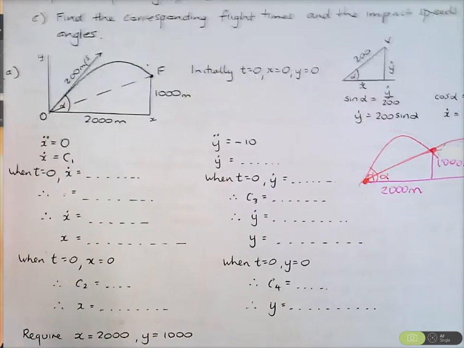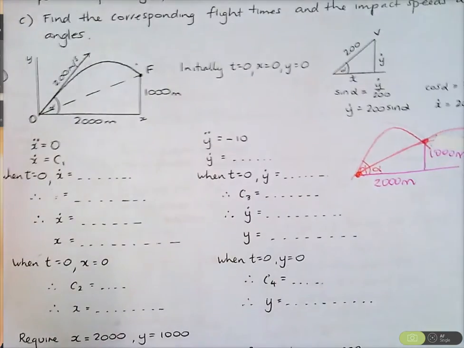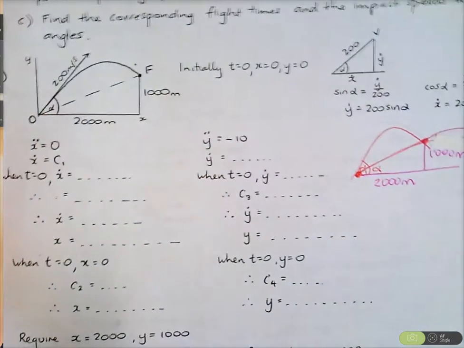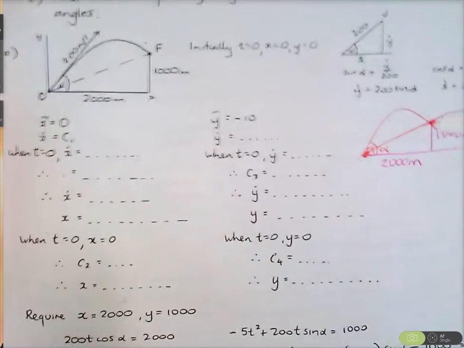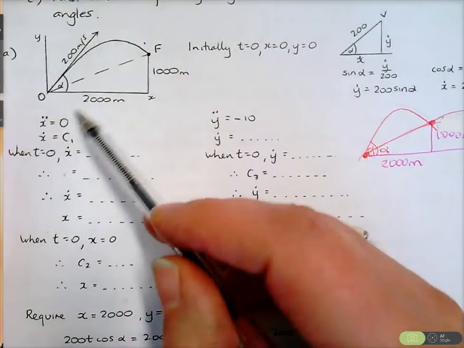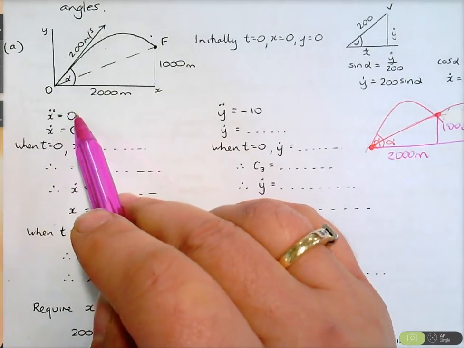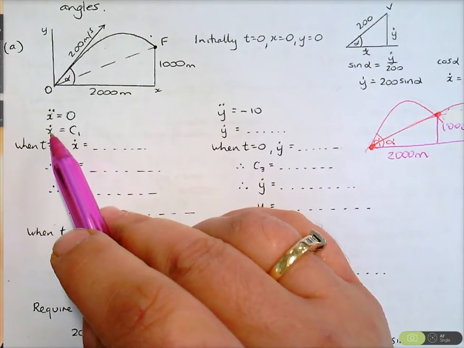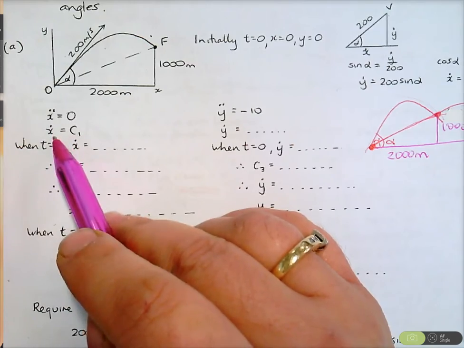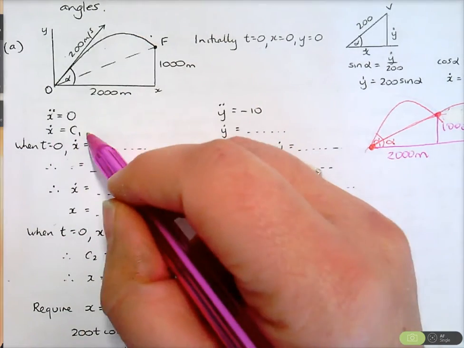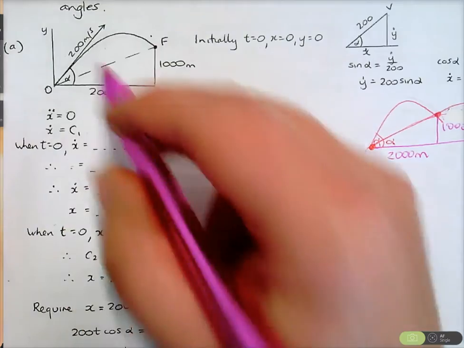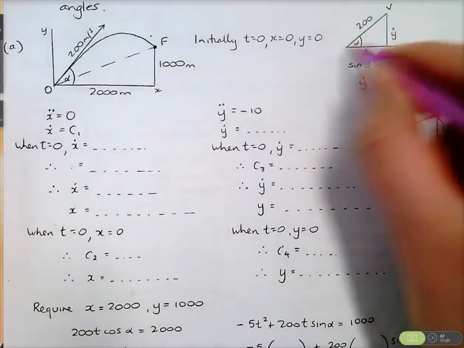So, let's just look at our equations of motion. Remember, we don't know the original angle. So, we've got horizontal acceleration is 0. Remember, horizontal velocity is the integral of 0, which is a constant. So when t is 0, let's draw our initial triangle.